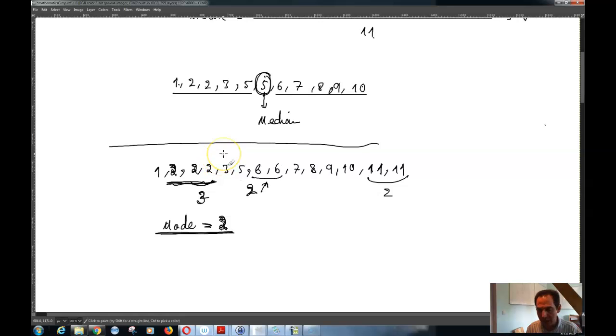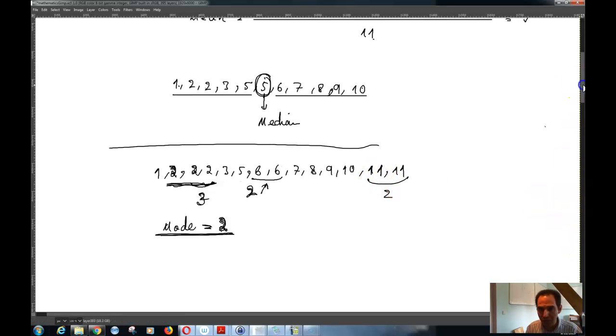Your mode again is the observation that has occurred the highest number of times in all of your observations, and that's how you calculate it in the case of ungrouped data.